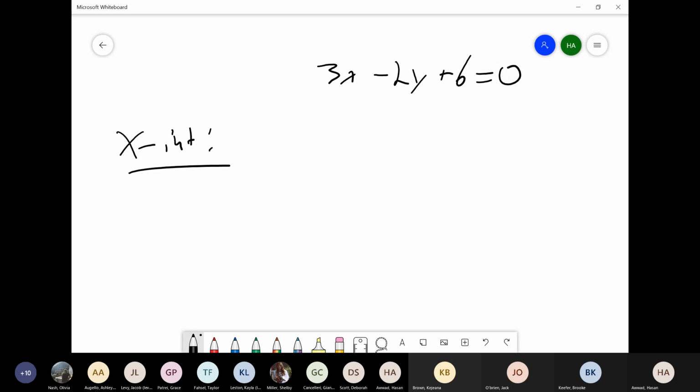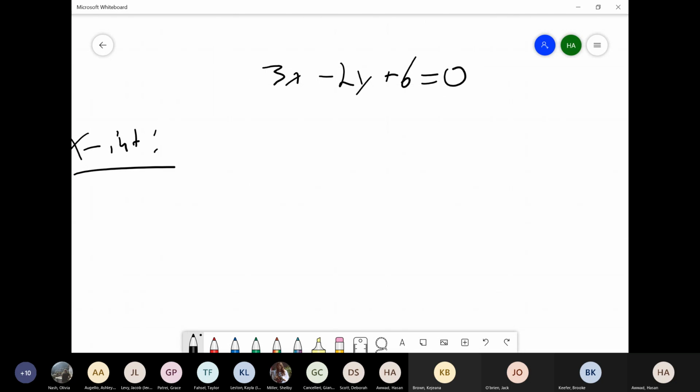The x-intercept means we're going to set y equal to 0. By definition, that's what an x-intercept is. The y component is 0. So we're going to have 3x, and negative 2 times 0 is just 0, so we could just omit that middle piece. If you feel more comfortable actually writing it out as negative 2 times 0 first, totally fine. But you understand that negative any number times 0 is just going to cancel out. So realistically, you just have 3x plus 6 is equal to 0.